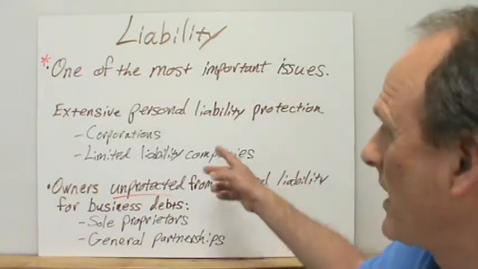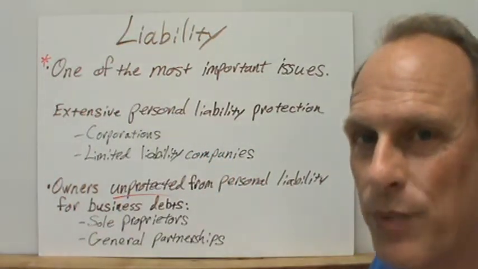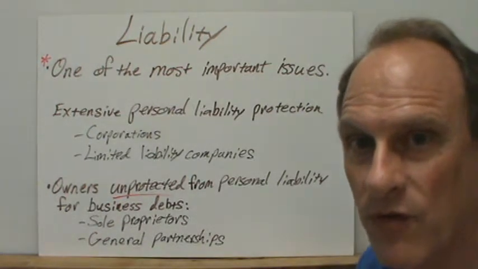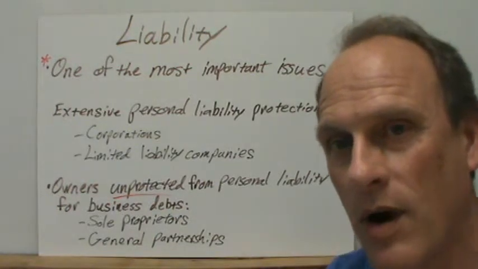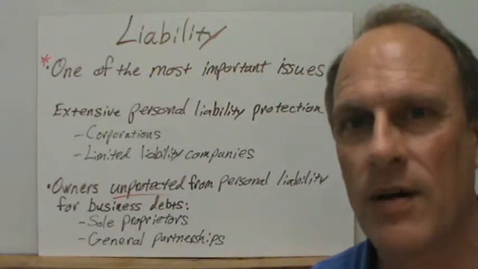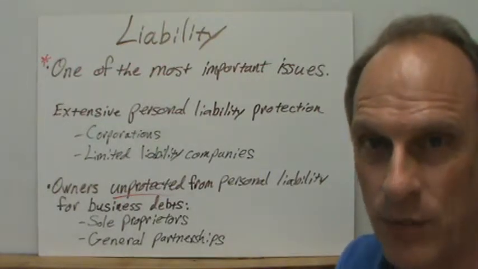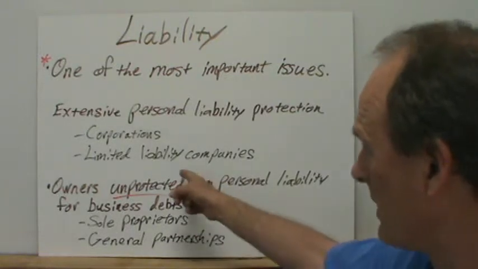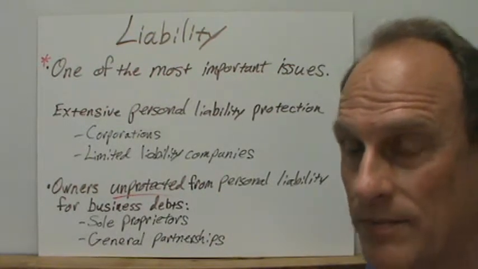Well, we've got a couple of arrangements that provide extensive liability protection for the owners. That would be corporations, because corporations are organizations distinct from their owners. So it's the corporation that is liable for the obligations, not the individual owners. Limited liability companies also have that same protection.